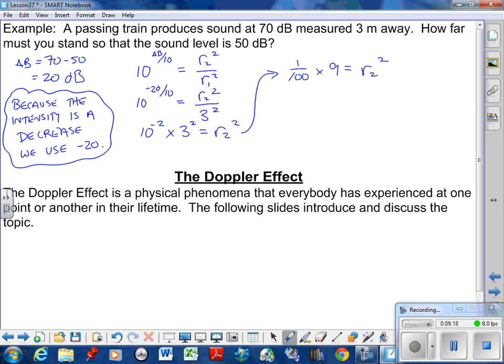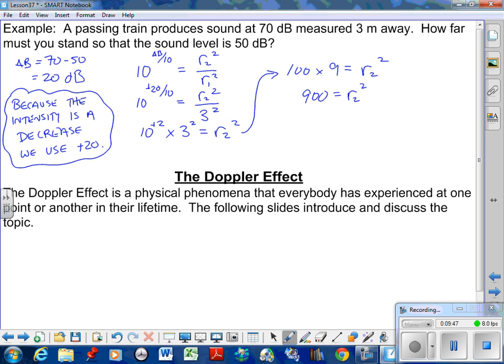I should have left it as a positive, right? Because of the decrease, that would be my mistake. Yeah, the formula was fine the way it was. So, my mistake, I apologize. That intensity, because there's a decrease in it, we're looking at the positive change here. So it ends up being 100 times 9, so 900.